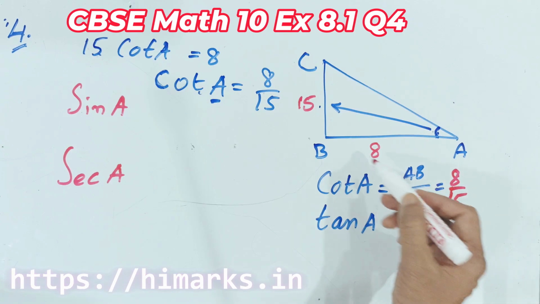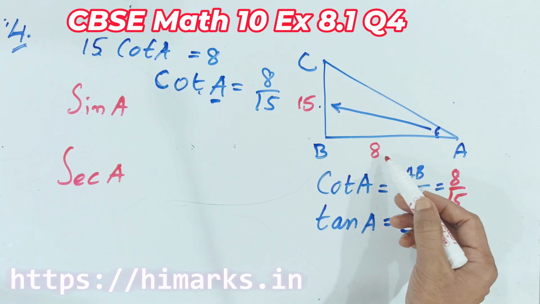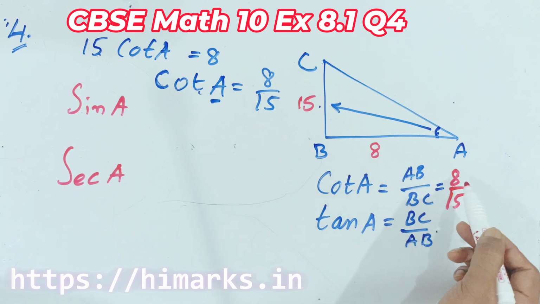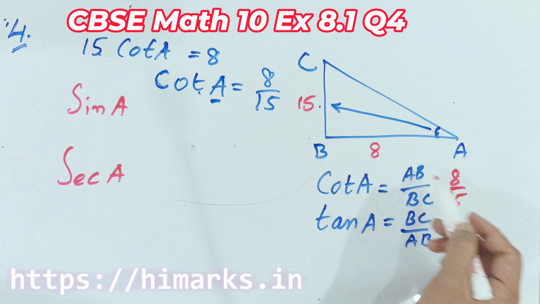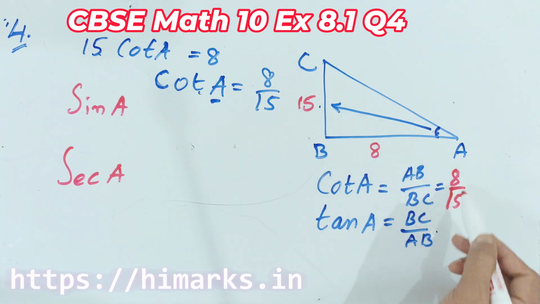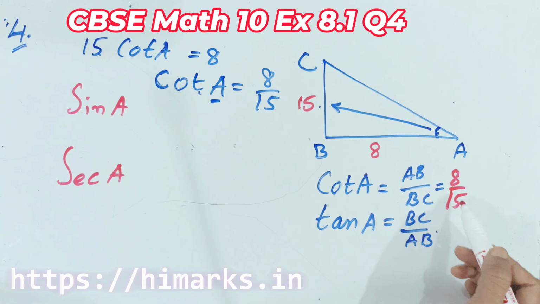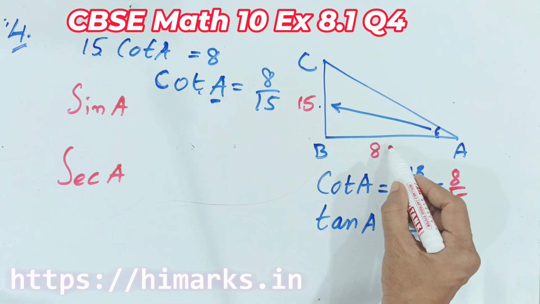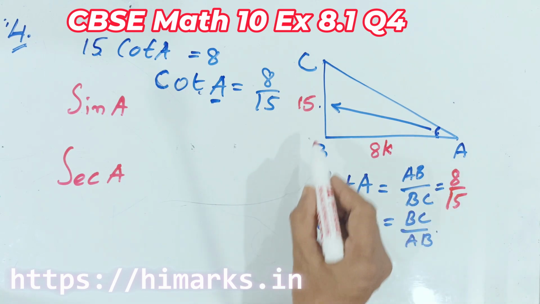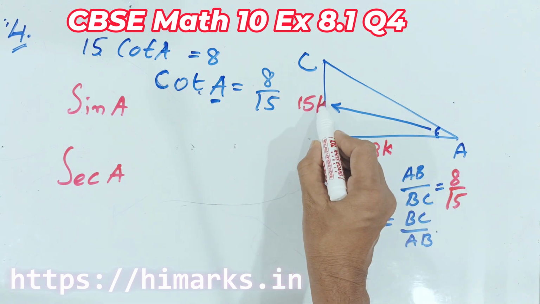Once the ratio is given, we cannot write AB is exactly 8, because the ratio is 8 by 15, so it could be multiplied by 2, like 16 and 30. So you write with some multiplier, 8k and 15k. This k is a multiplier here.